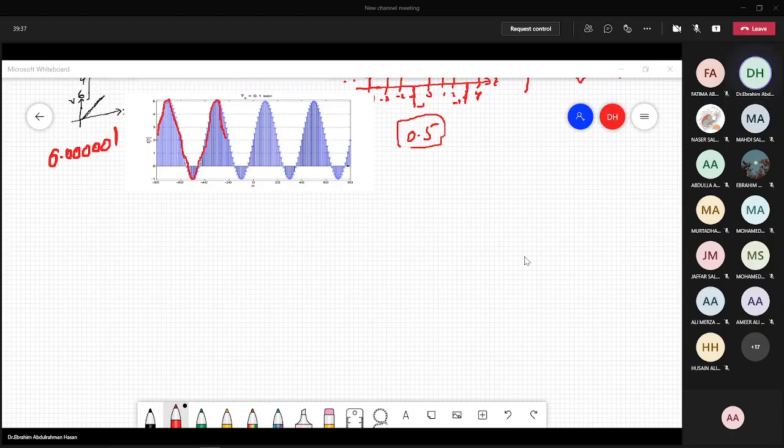Okay, instantaneous value. First one, what is the instantaneous value?